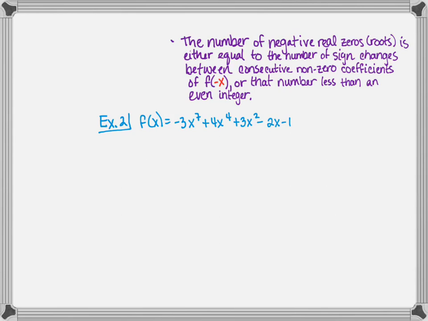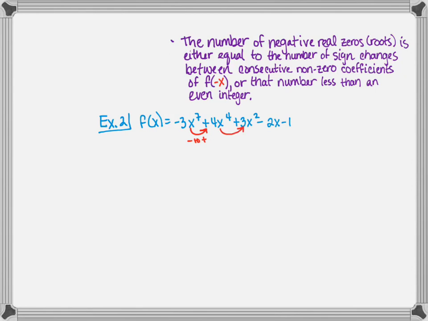So let's look at the same polynomial function. f of x equals negative 3x to the 7th plus 4x to the 4th plus 3x squared minus 2x minus 1. As we go from our first term to our second term, we go from negative 3 to positive 4, or a negative to a positive. That's a sign change.